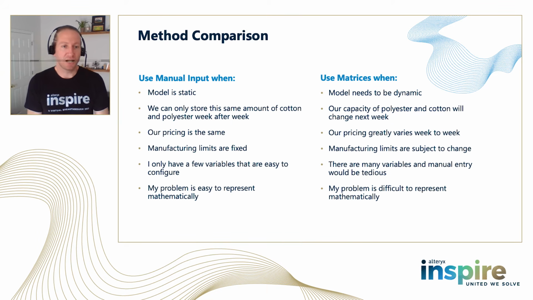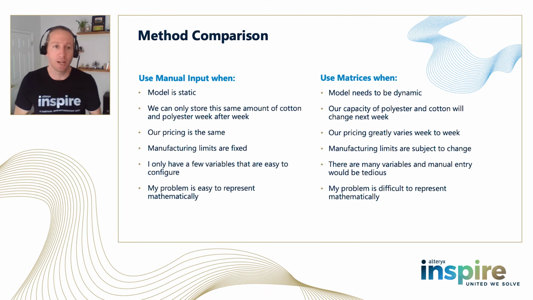So if the model is static, it's a good time for manual. If it needs to be dynamic, so for example, let's say that one week we have 1,000 feet of polyester. The next week maybe we have 2,000 square feet. The next week we might have 2,500 square feet. If that is constantly changing, I would want data to be fed into the optimization tool so I don't have to go and manually change the value each time.